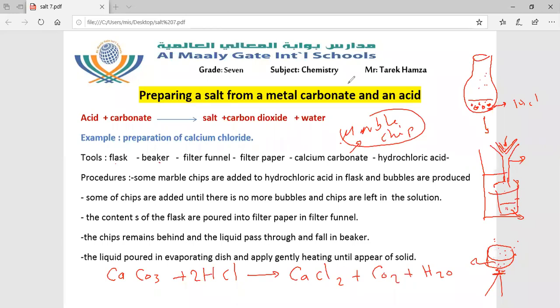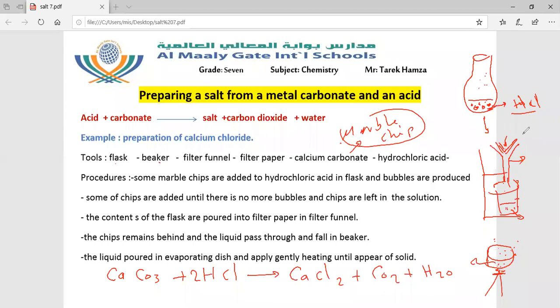Now, in this flask, put calcium carbonate in the form of marble chips. Marble chips are a solid form of calcium carbonate, with an amount of HCl. There are bubbles of gas that rise and escape into the air. We wait until there are no more bubbles of gas released.